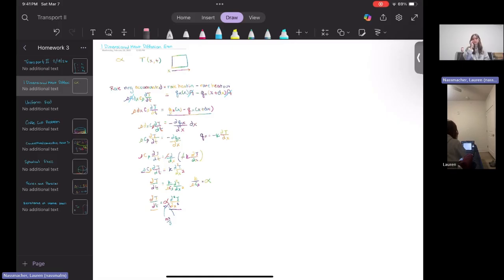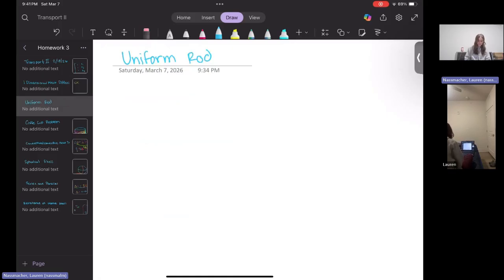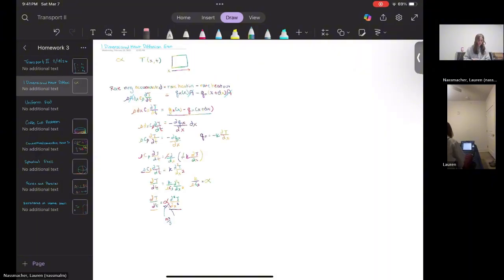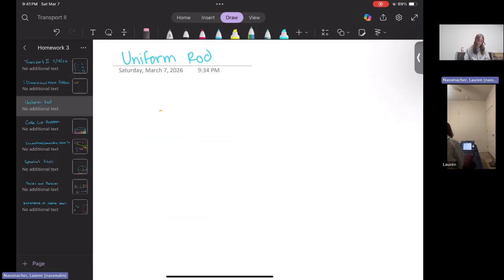We learned that the one-dimensional heat diffusion equation says the rate of change of temperature per unit time is equal to the thermal diffusivity multiplied by the second derivative of temperature over distance.